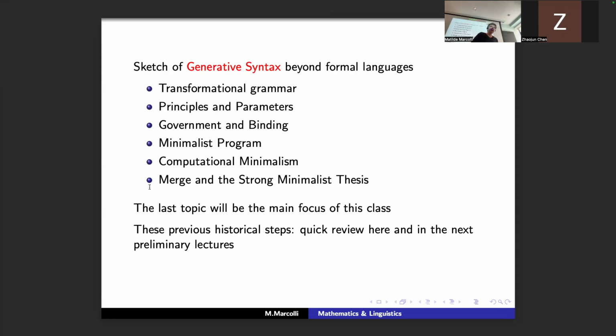And then this further evolved into two further steps, principles and parameters and government and binding, trying to explicitly identify rules of syntax, how sentences can be modified once they're formed according to transformation rules, and how different kinds of syntactic construction can be parameterized. And then minimalism, which is an attempt to simplify this picture as much as possible.